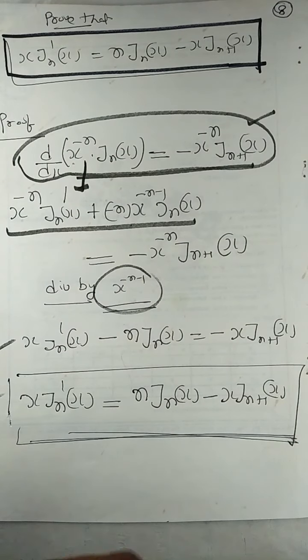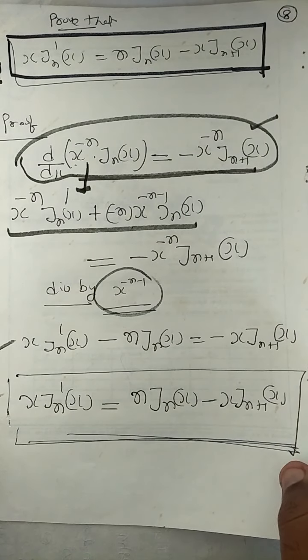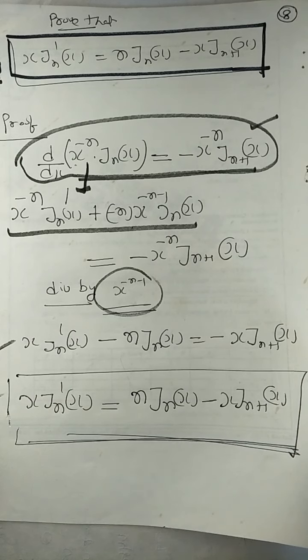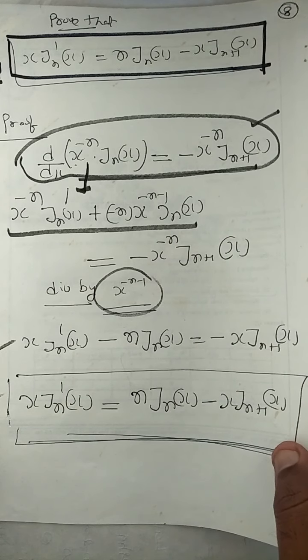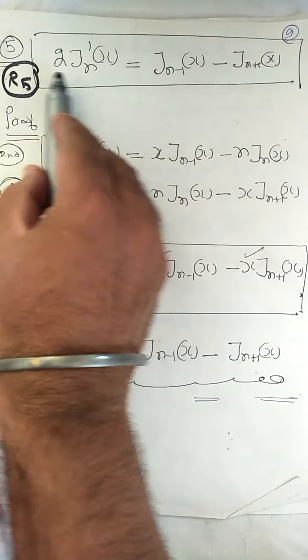So R4 and R2 are derived, and R1 and R3 are basic. Now we derive R5 and R6. R5 is of this form.